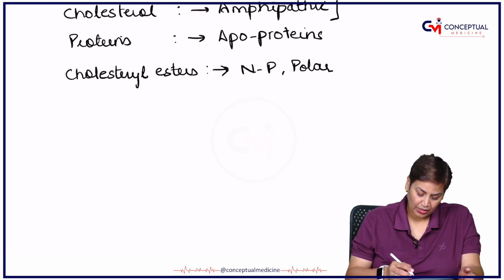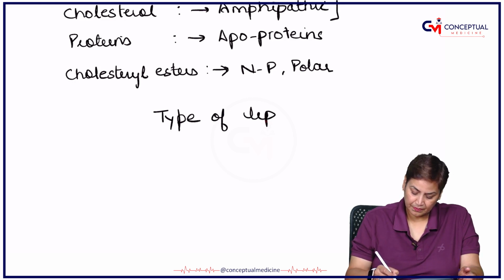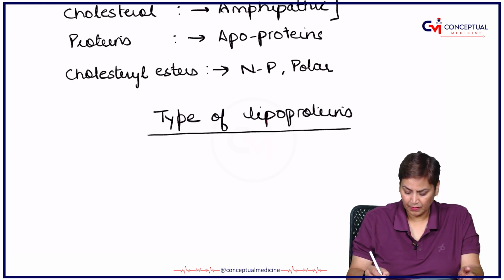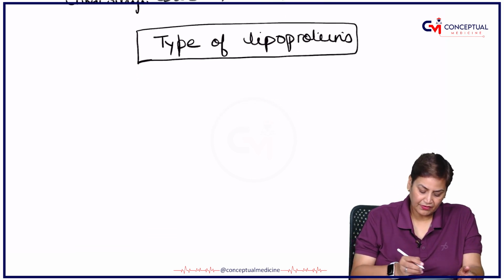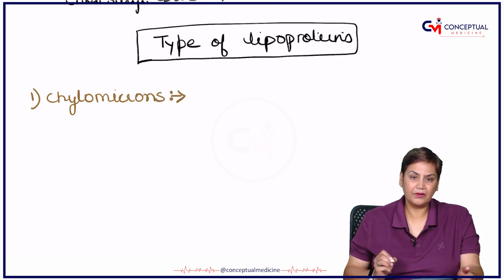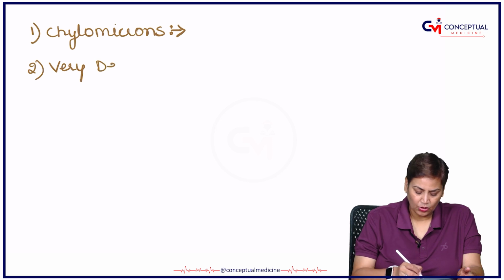Right. So if we talk about the types of lipoproteins, the first one is chylomicrons. The second one is VLDL, which is also known as very low density lipoproteins.